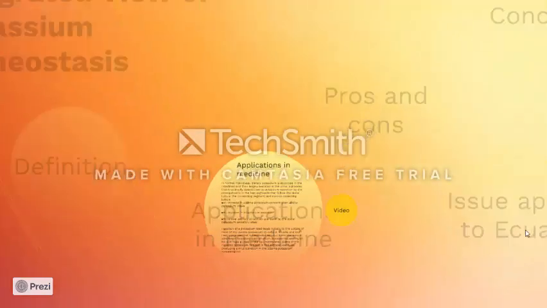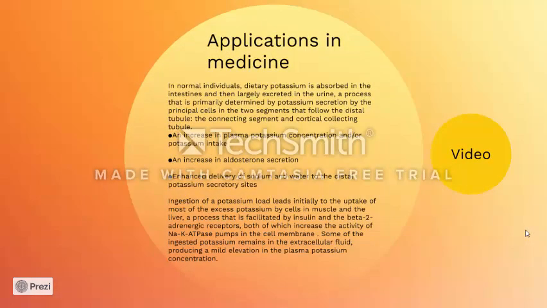Okay, next we want to talk about the applications in medicine. In normal individuals, dietary potassium is absorbed in the intestines and then largely excreted in the urine, a process that is primarily determined by potassium secretion by the principal cells in the tubule segments that follow the distal tubule, the connecting segment and the cortical collecting tubule.